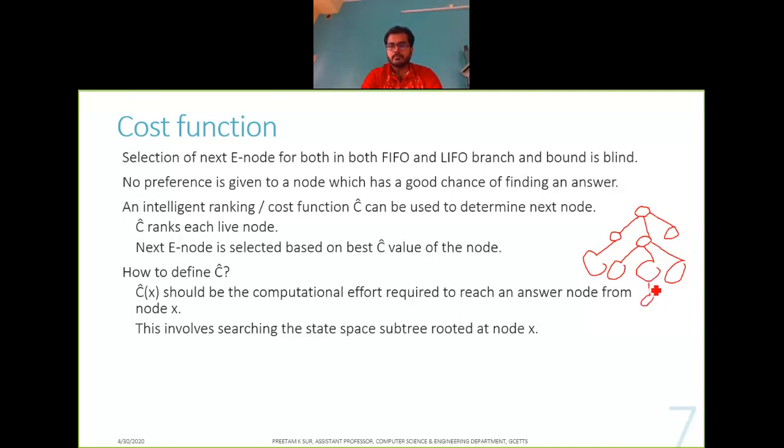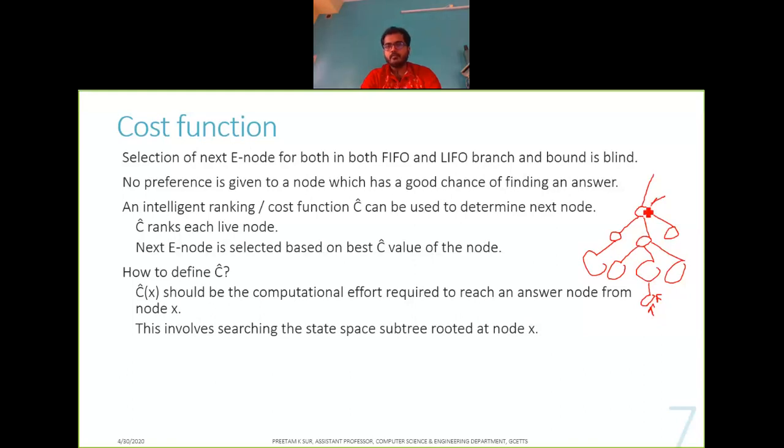Suppose this is the expanding node currently, and this is the answer node. When you generate this node from its parent, we are trying to find out the cost of this node. The cost of this node is defined as the computational effort required from this node to reach the answer node. Suppose this is an answer node. The path it has should be the computational effort, right?